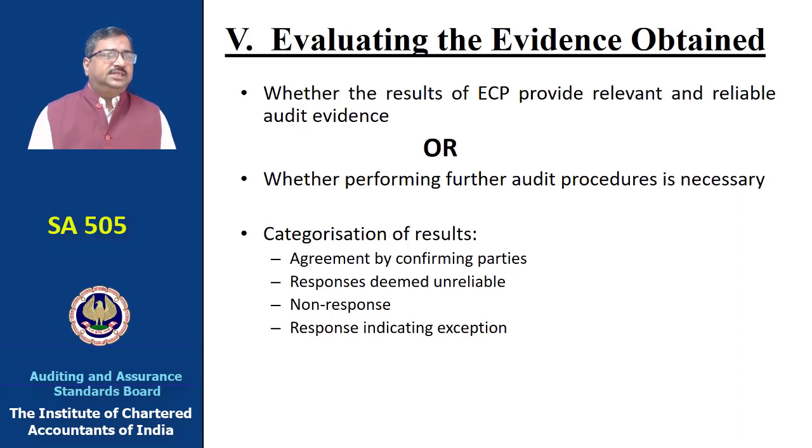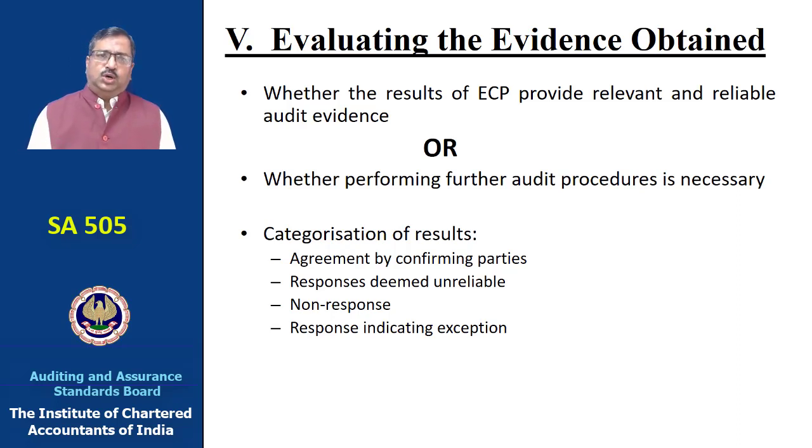Then if he feels that responses are deemed unreliable, then the auditor has to carry out alternate audit procedures, try to see whether there is any risk of material misstatement in the financial statement, and accordingly satisfy himself for his audit opinion.